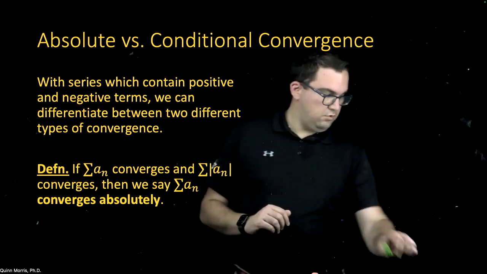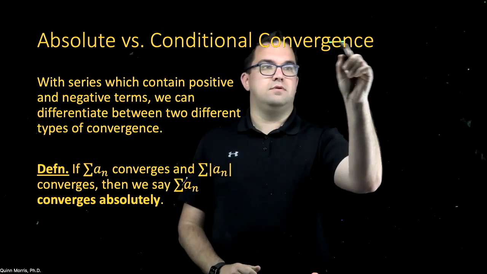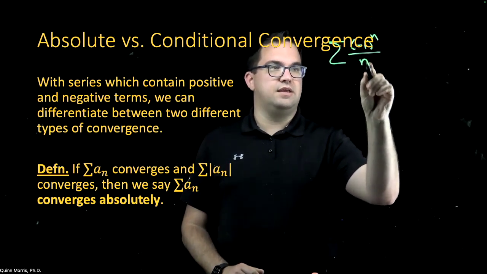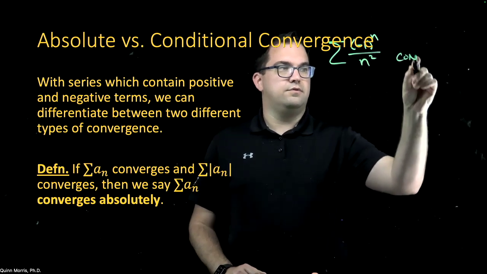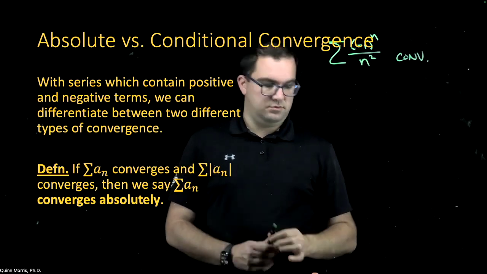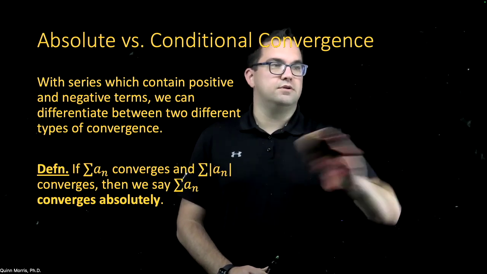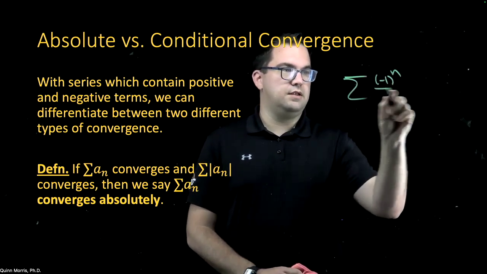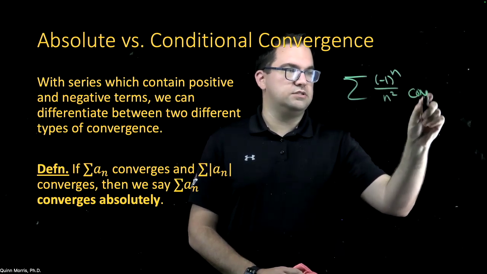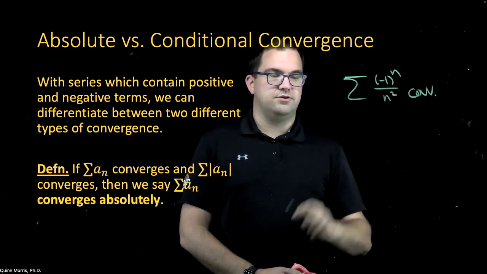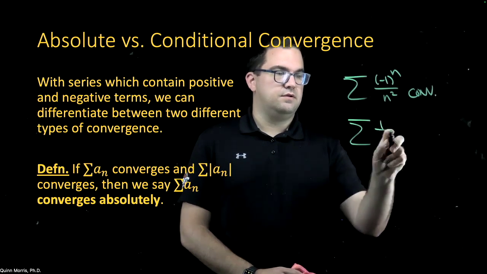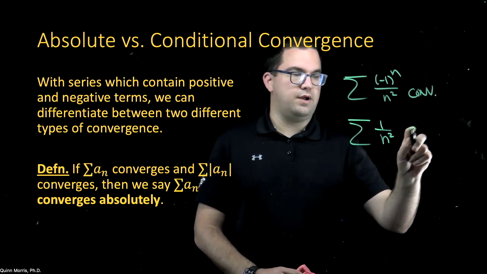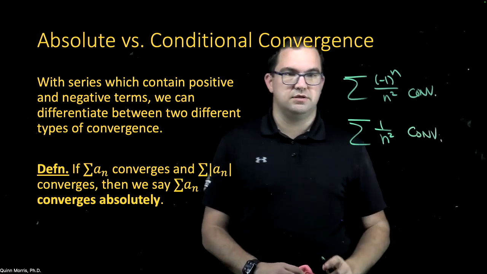Okay. So for example, the series minus 1 to the n over n squared, you can show this converges. You could show that by the alternating series test. The absolute value of these terms is 1 over n squared. This series also converges.